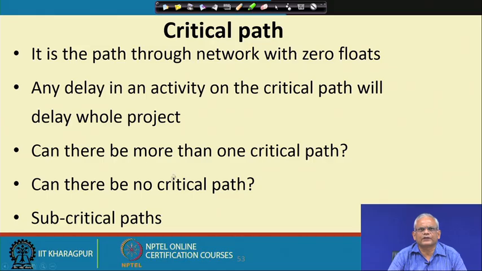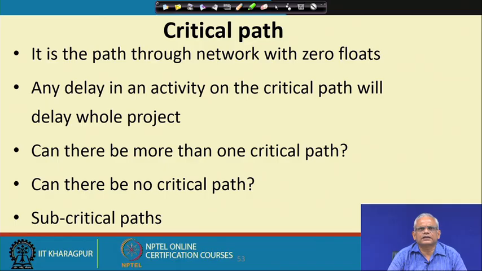But is it possible that there is no critical path for a task network? The way we computed, with the forward pass and backward pass, there has to be a critical path. But suppose we have a situation where the completion time is also predefined.